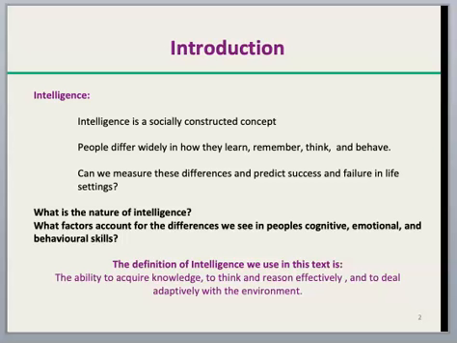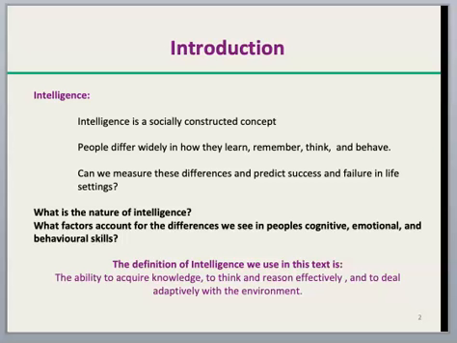People differ widely in how they learn, remember, think, and behave, as we've learned throughout the chapters so far. And so what psychologists are interested in, and what we're going to look at in this chapter, is can we measure these differences and predict the success and failure in life settings?